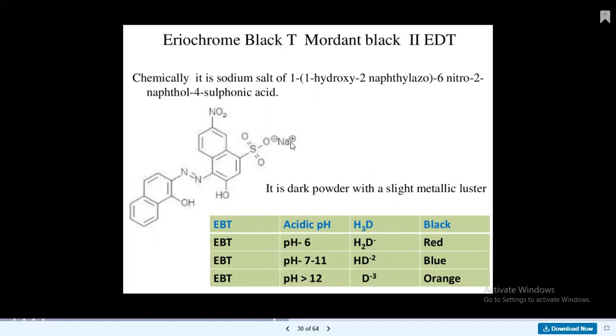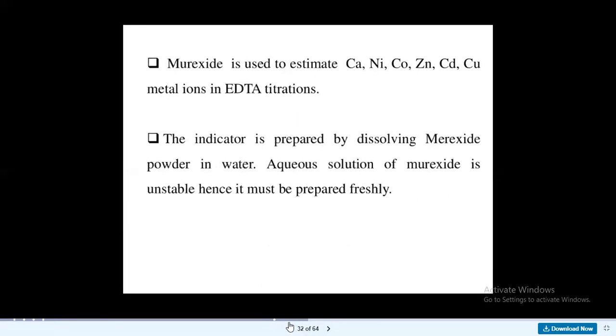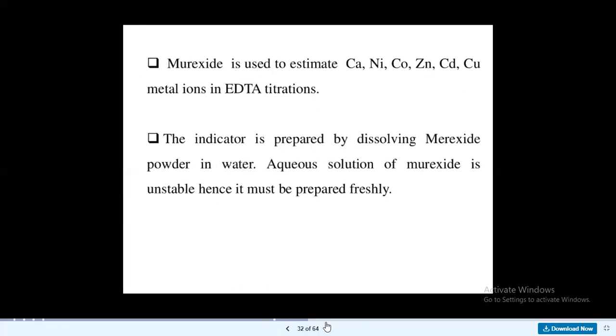In different acidic conditions it has different pH values. EDTA is used to estimate this indicator, and an important thing is how we make its solution: we use triethanolamine along with alcohol to make its solution. You must remember how we prepared the solution of this.